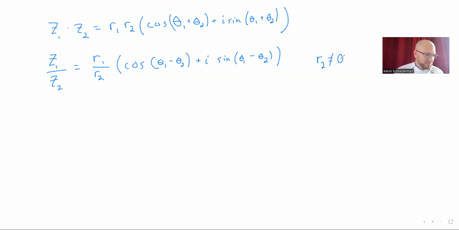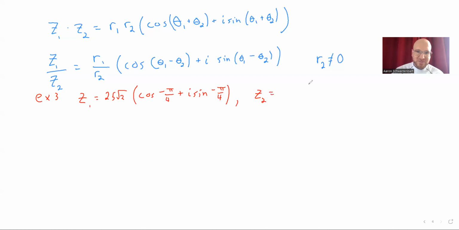And we'll take a look at example 3. We're going to multiply some complex numbers. Z2 is my second complex number.